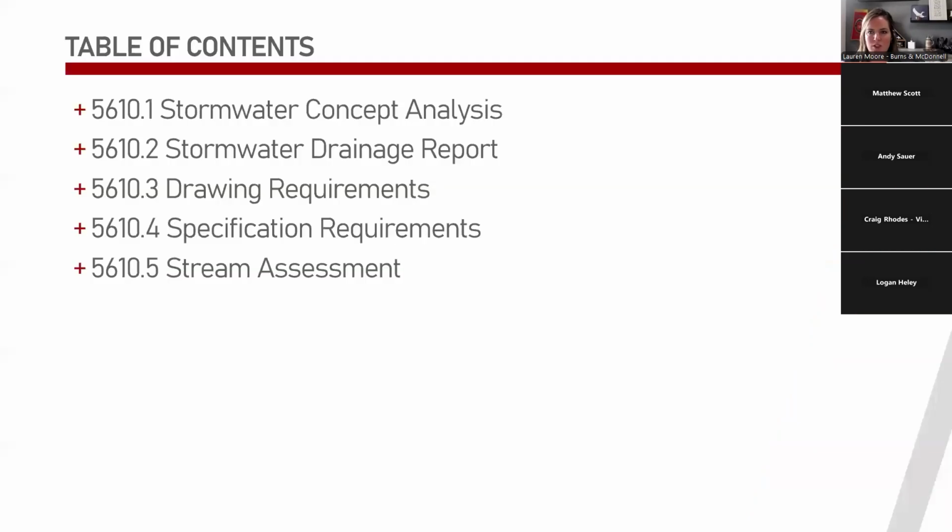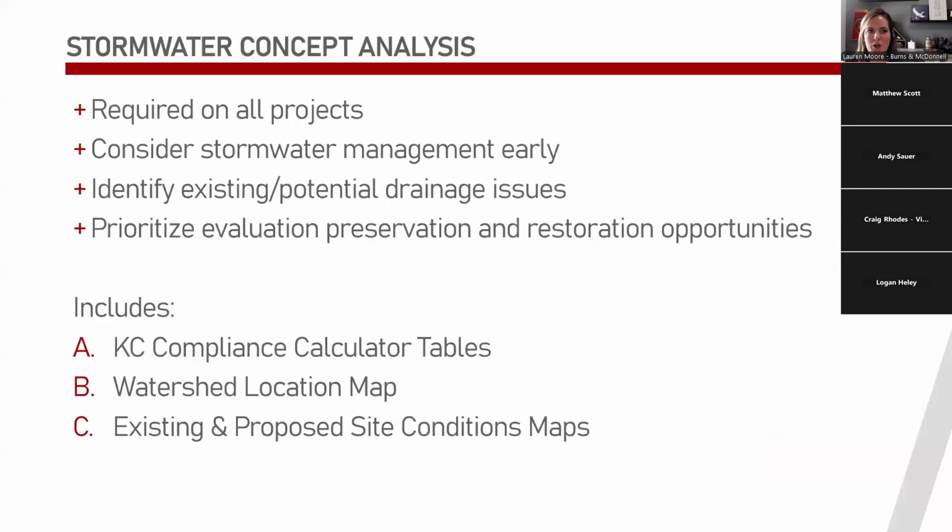So this, again, is really just a snapshot of the table of contents for this section, and I'll go through most of these. So starting with the stormwater concept analysis. So this is something that we heard from cities and developers alike early on in the process during those focus group meetings, but the preference would be to know what the requirements are up front so costs can be accounted for. So what the manual is proposing is that this is required on all projects.